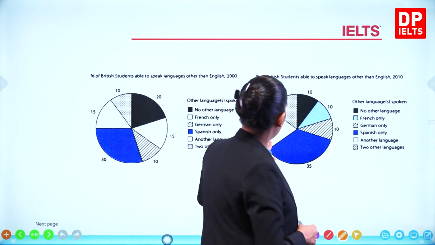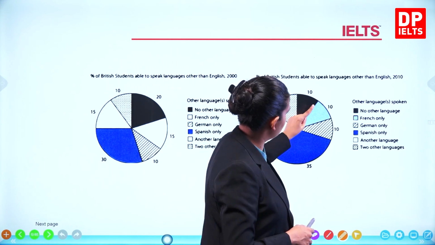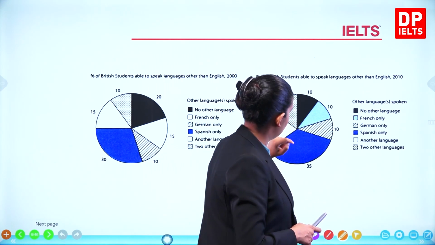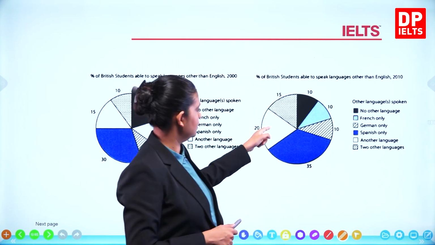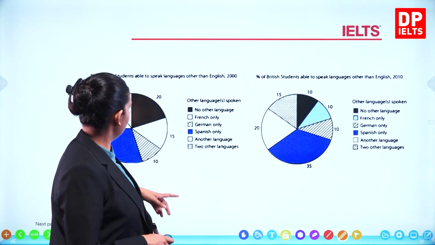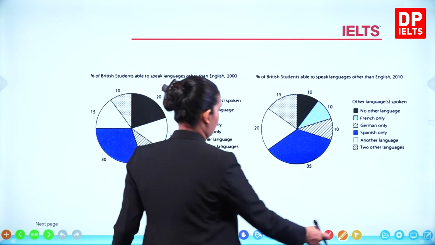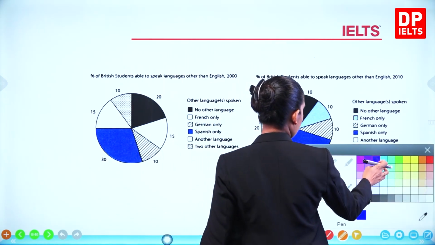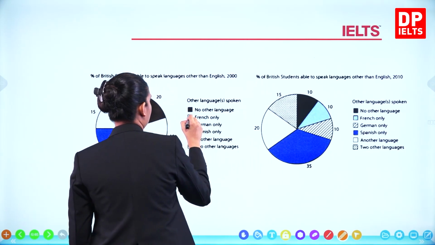So here we have 10% for each of these, so no other language, French only, German only, but 15% for 2 other languages and another language here, right? Alright, so I think if you see here, French only is light blue, so in 2000 it's not very clear there. Let me just color that bit. So this will be light blue here, right?